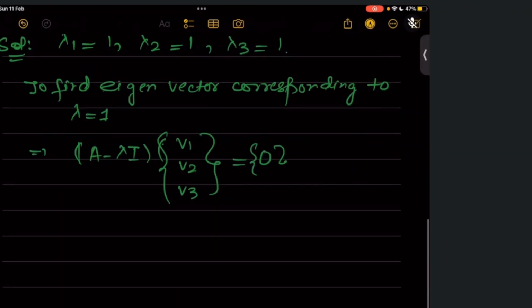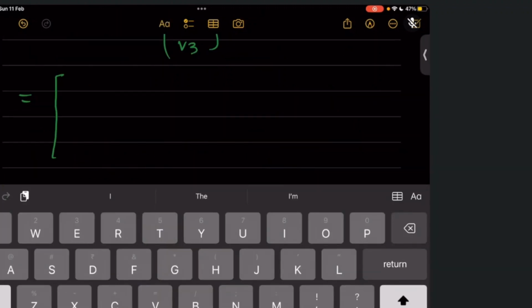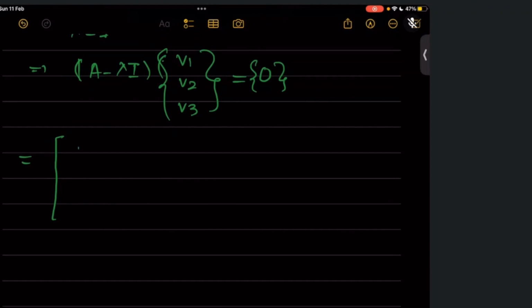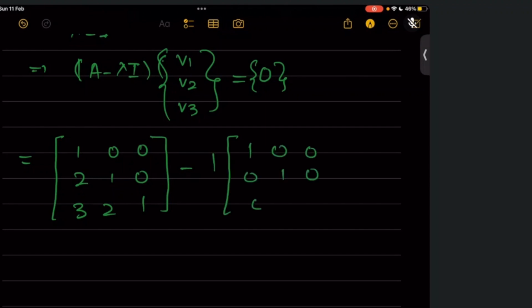From this equation, we have A equal to 1 0 0, 2 1 0, 3 2 1, minus 1 into the identity matrix, and we multiply it with the eigenvector v1 v2 v3 and equate it to 0.